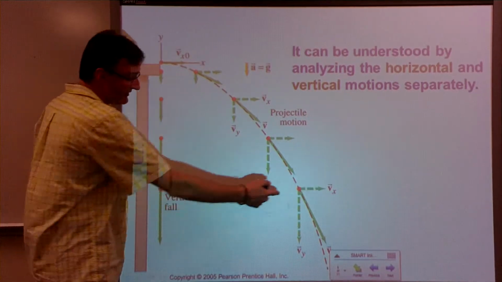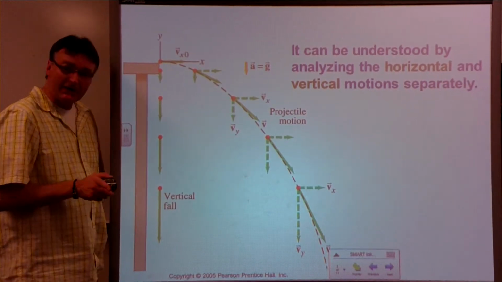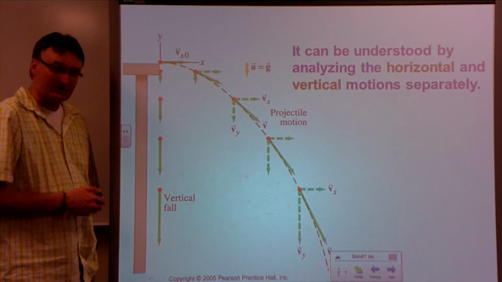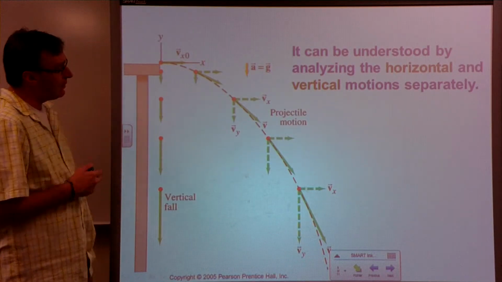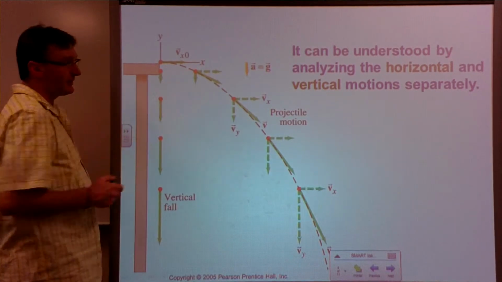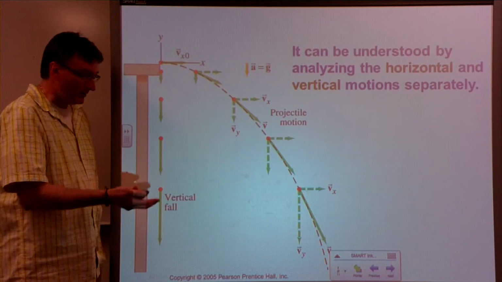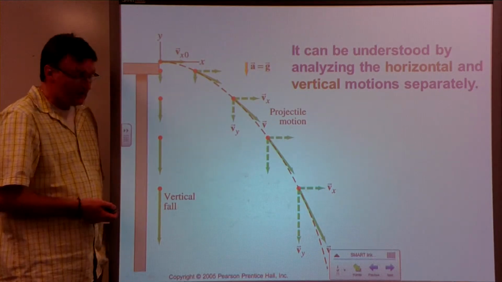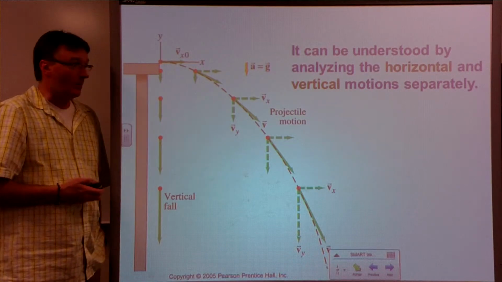It appears as though it's slowing down in the x direction, but really all that's happening is the component of velocity in the y direction is getting larger and larger as time goes by. So once again, there is no acceleration in the x direction. Nothing is accelerating. It's not speeding up, it's not slowing down. However, in the y direction, gravity is accelerating the object, so it is indeed speeding up in the y direction.